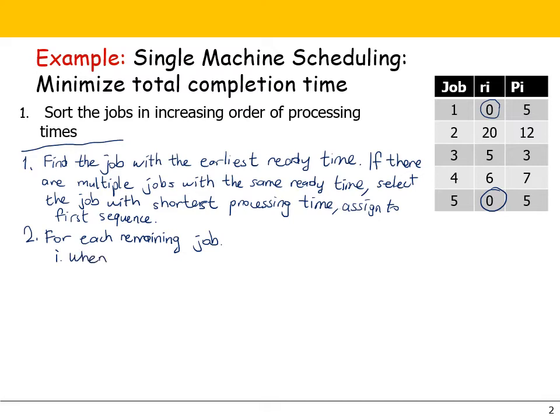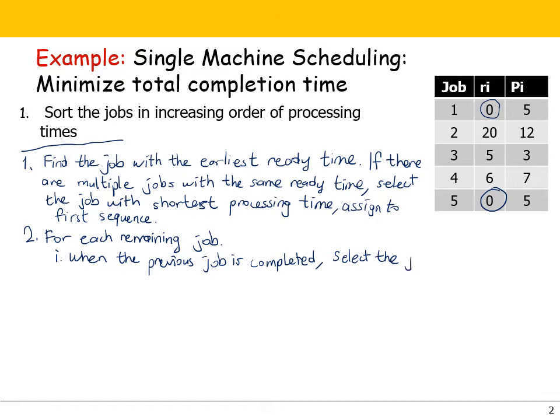When the previous job is completed, okay, so from the jobs which are not scheduled yet and which are ready, select the job with the shortest processing time.